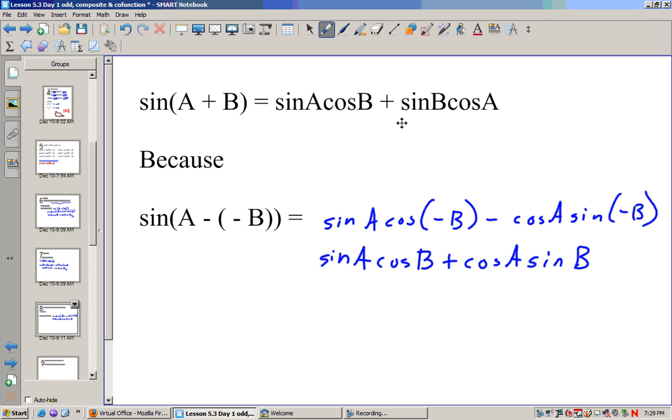And now we have this equation. We can flip-flop these, switch the positions of those to make it the same, but this is essentially equivalent to that.